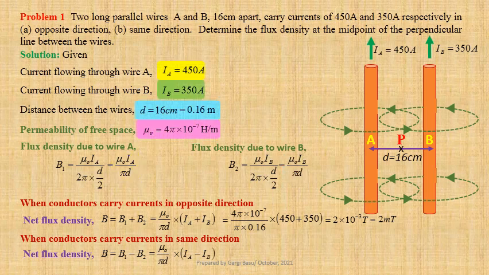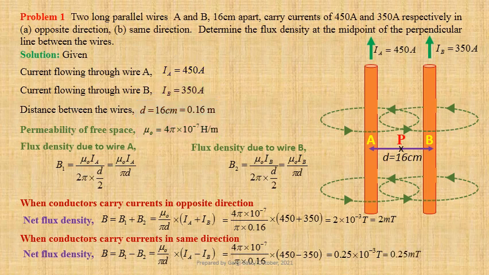Using values we get 4 pi into 10 to the power minus 7 divided by pi into 0.16 into 450 minus 350, that gives us 0.25 into 10 to the power minus 3 Tesla or 0.25 milli Tesla.